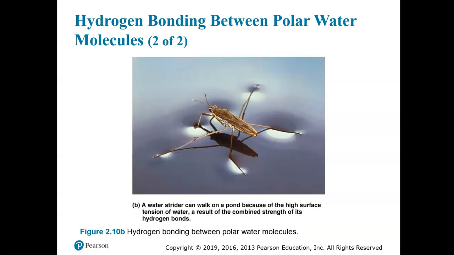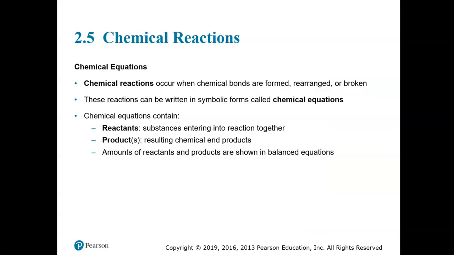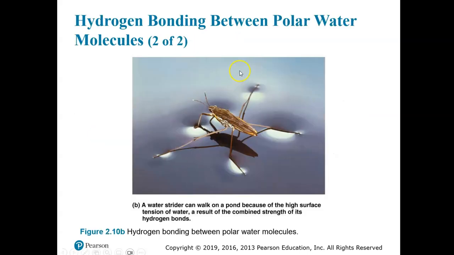And this hydrogen bonding also allows some insects to walk on the surface of a pond or a lake, or even a large mud puddle, due to surface tension. So hydrogen bonding also gives us surface tension, and it gives us a lot of other properties too that aren't being named here.